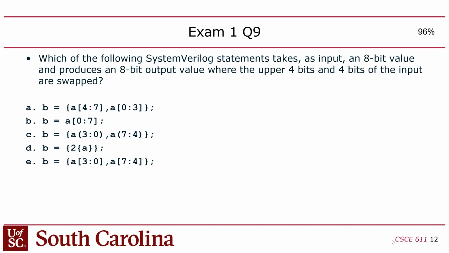I think the question depends on how you define the input, 7 to 0 or 0 to 7. If it says 7 to 0, then the answer is E. But if it's 0 to 7, this would probably be 7 to 4 and then 3 to 0 or something like that.